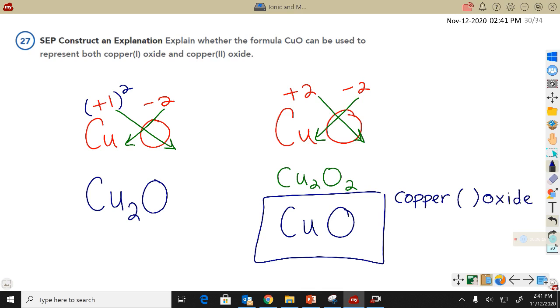Then I'm a freak with charges. I know oxygen's charge is -2 for life. And so if I have to make this neutral, then the copper must have been +2. Copper Roman numeral 2. If I had to go backwards and I was given the formula and I had to write the name. So no, we cannot say that the same formula can be represented by both copper 1 and copper 2. They're different formulas because the charge is different.